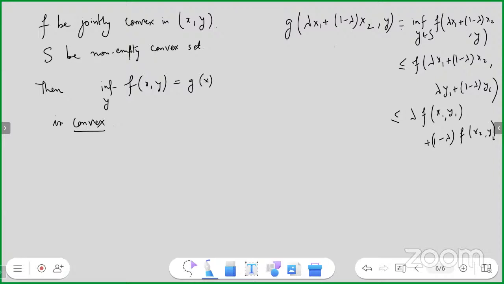What special choice of y1, y2 could I have made? This is true for any y1, y2. By the definition of inf, what special y1, y2 could I have picked, so that I can transform this as a function of g? See, the end goal here is to write it as a function of g, not as f. So pick special y1, y2 so that I can write it in terms of g of x1, g of x2.